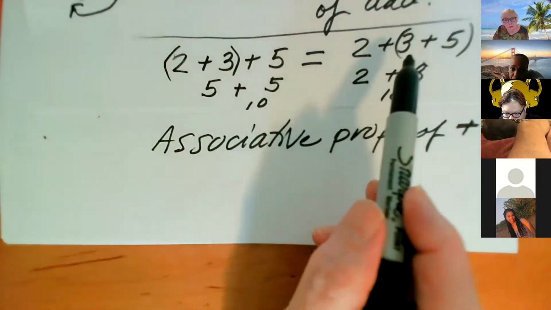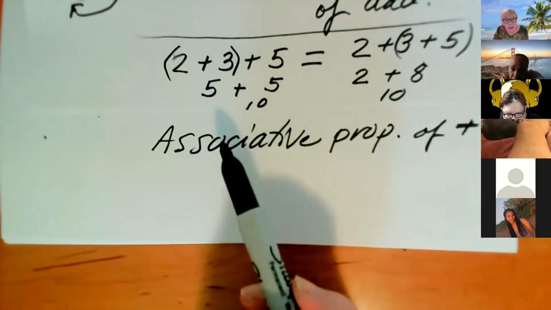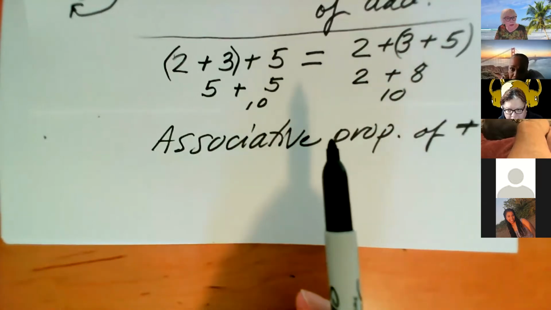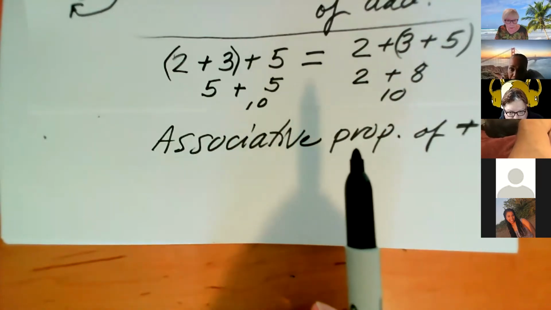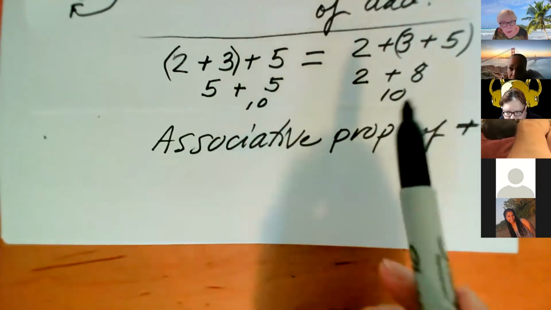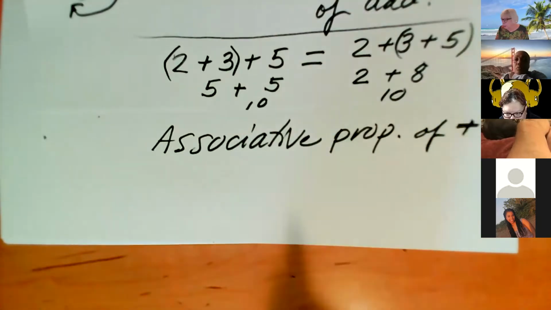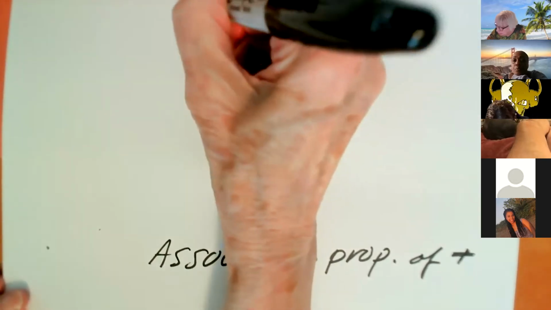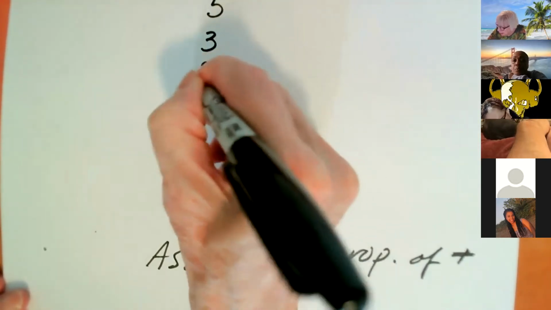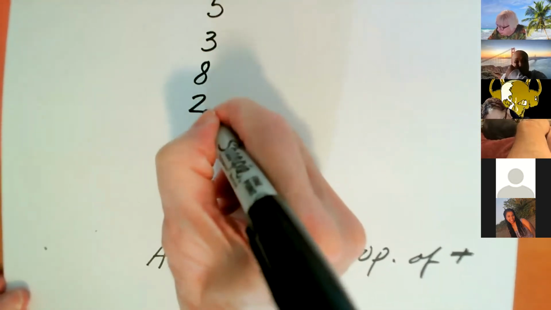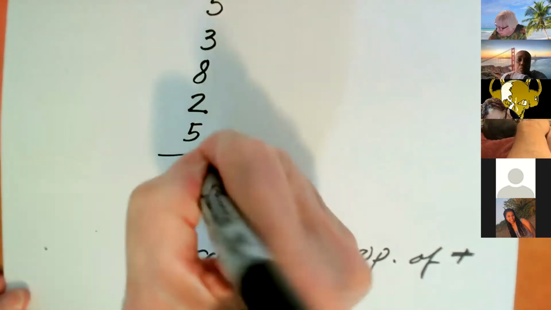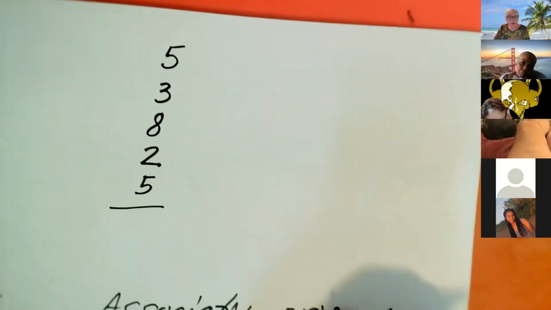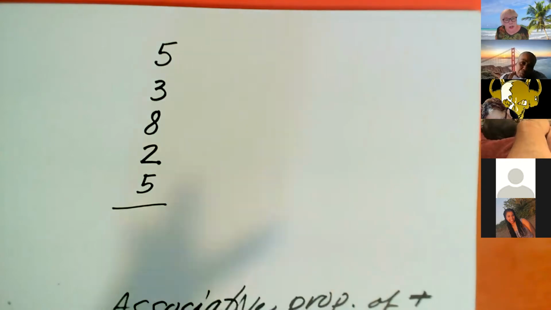Now this works for addition. You can't do this for subtraction, but you can do it for addition. And so people do this all the time. 5 and 3 and 8 and 2 and 5. If somebody said you had to add all those numbers, you're using these 2 properties to make your life simpler.